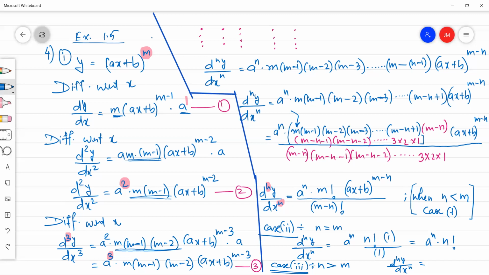Like if suppose this is 10, and you differentiate it 10 times, what you will get? You will get the answer as a raised to 10 into 10 factorial. Now tell me, if I ask you to differentiate once more, what does it mean? It means you are going to get the 11th order derivative.